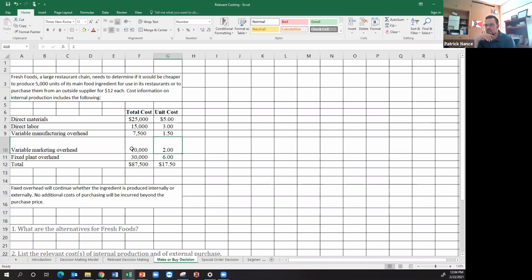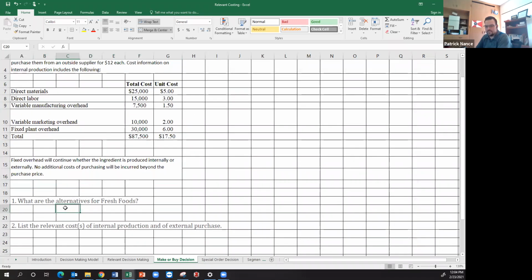And so my totals, I've got a total of $87,500 worth of cost and a total unit cost of $17.50. So I can set this up. Fixed overhead, it says here, will continue whether the ingredients are purchased or are produced internally or externally. No additional cost of purchasing would be incurred beyond the purchase price.